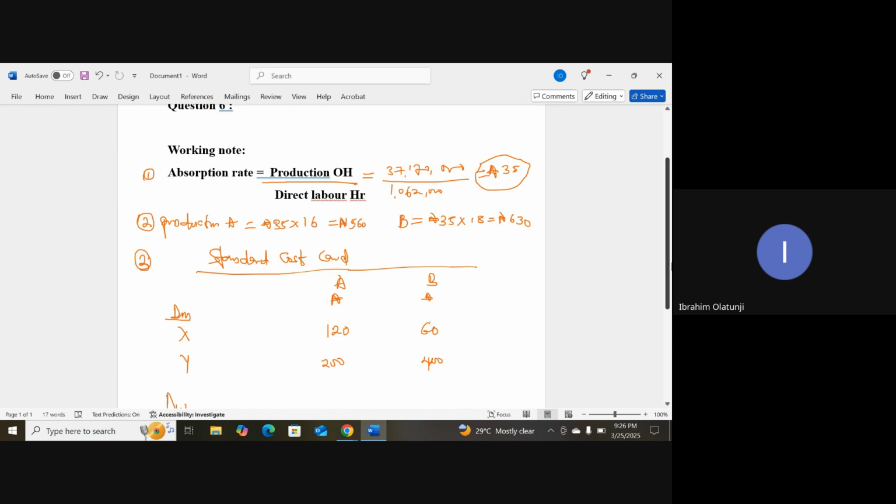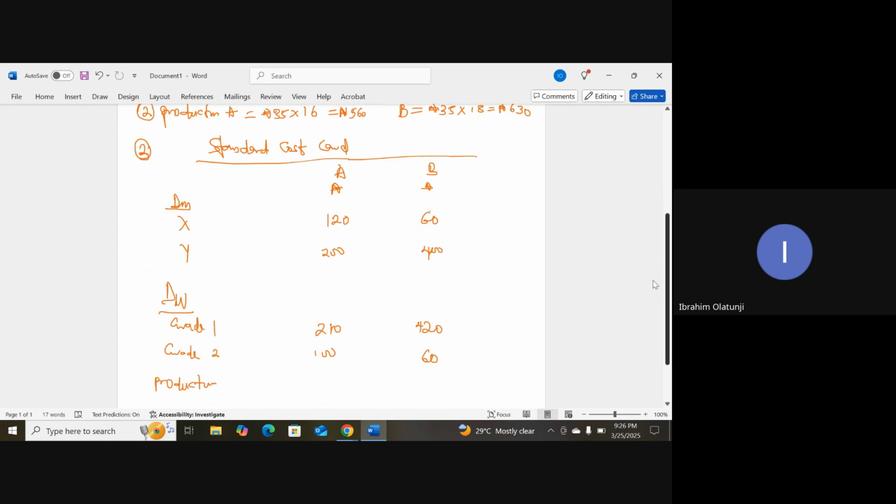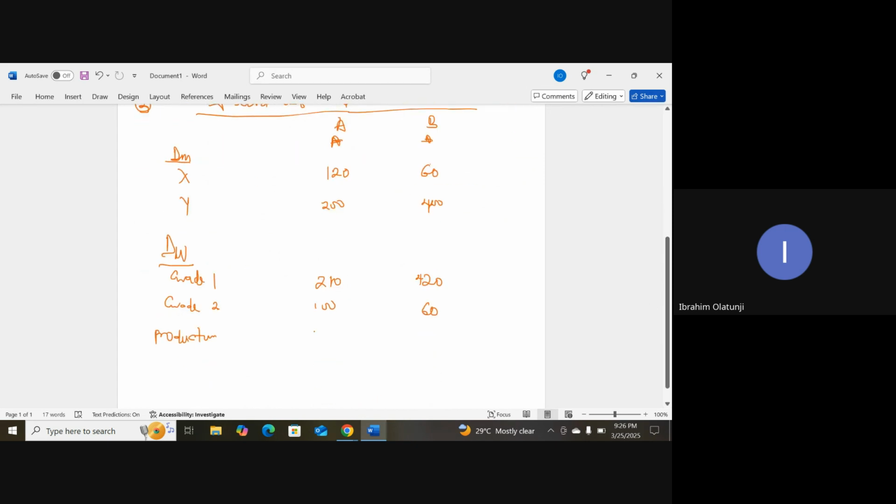Okay, so we can now bring it here: 560 and 630. So we can cast everything. When we cast it, obviously we have our standard factory cost. So this is the standard cost card.